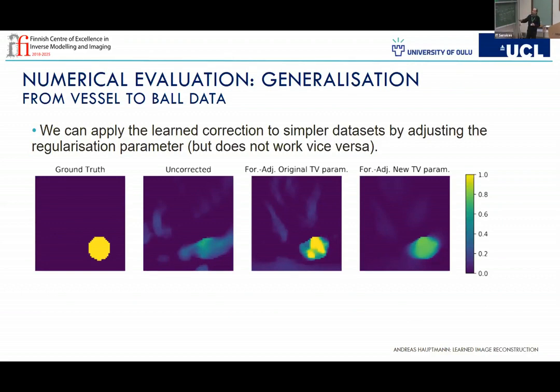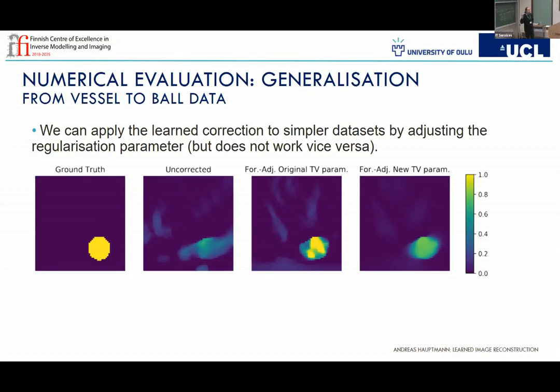If we use the uncorrected, so just the approximate model, it's pretty bad. If we do our full framework of the forward adjoint with the parameter that we trained on, it gets a bit better, but it's pretty messed up here. And if we adjust the regularization parameter, actually we increase the regularization parameter so that we get a larger regularization here, we actually get a very reasonable reconstruction for this rather difficult case.